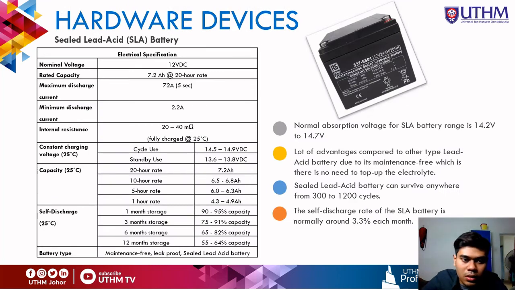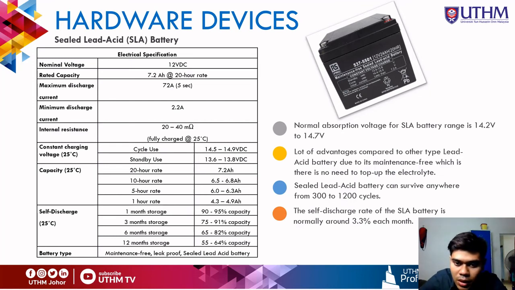Okay, this is the most important part of my research. I chose sealed lead acid battery, which is SLA battery. On the left side is the specification for the SLA battery. Why I choose this battery? Because the normal absorption voltage for SLA battery ranges from 14.2 volt to 14.7 volt.